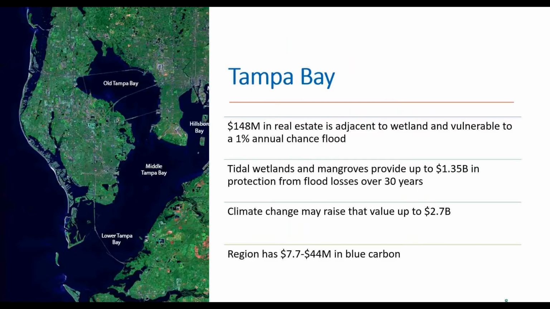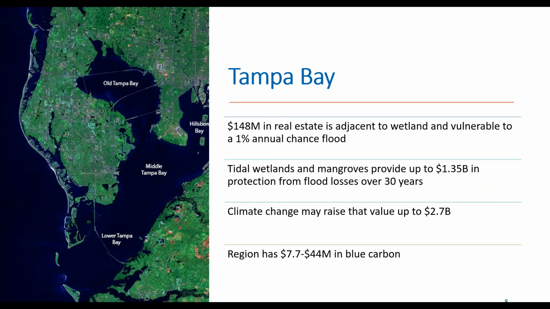Next slide. Focusing specifically on Tampa Bay, we calculated that there is $148 million worth of real estate that is adjacent to wetlands and is vulnerable to the 1% annual chance flood. The wetlands that protect those areas provide up to $1.35 billion in protection from flood losses over the next 30 years.